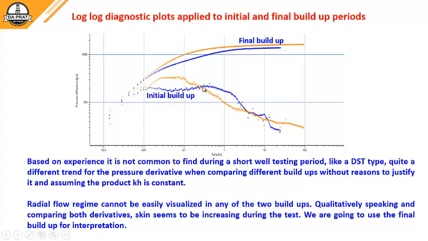You may say this is radial flow from the initial build-up, but this is not quite a common response or trend for changing wellbore storage effect. For the final build-up, it should be probably here. Okay, in this case, we're going to use the final build-up for interpretation.